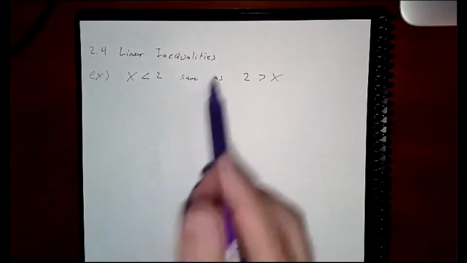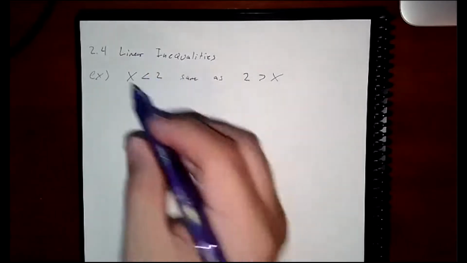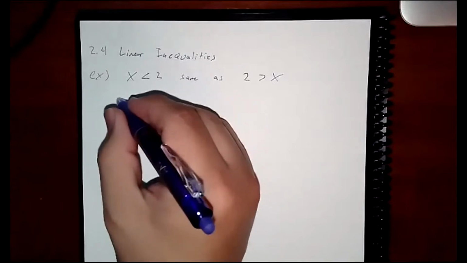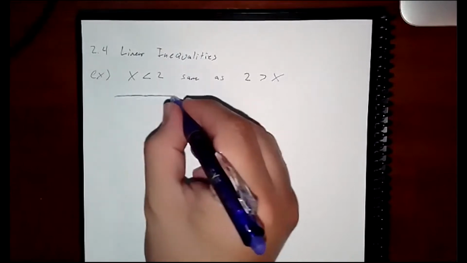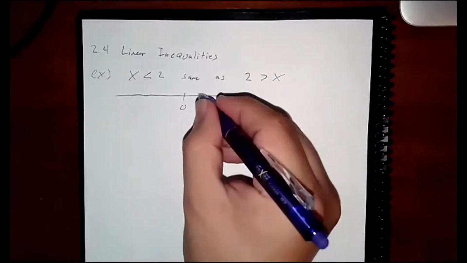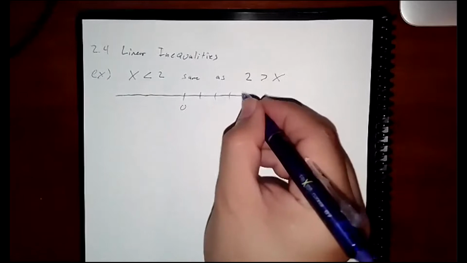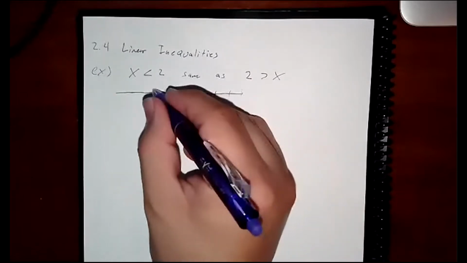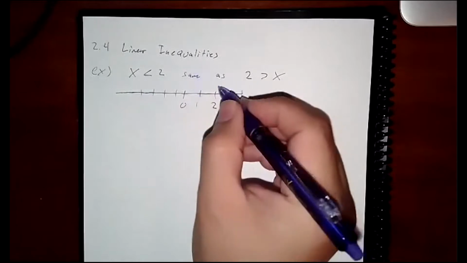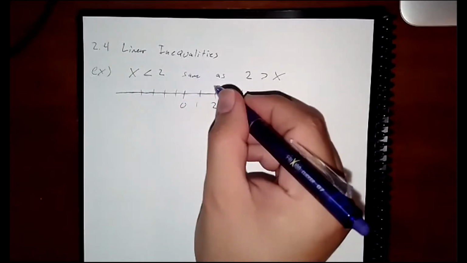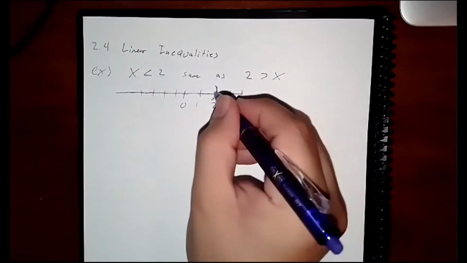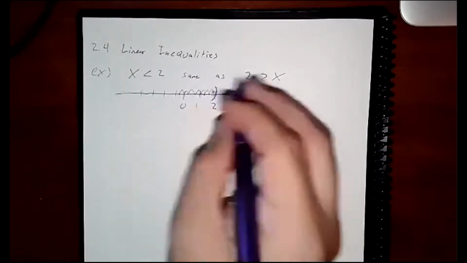Now, if you were graphing this in one dimension, you would draw a number line. Put a 0 right there. 1, 2, 3, whatever. Doesn't matter. What matters is the 2. 2 will be a parentheses going this way.